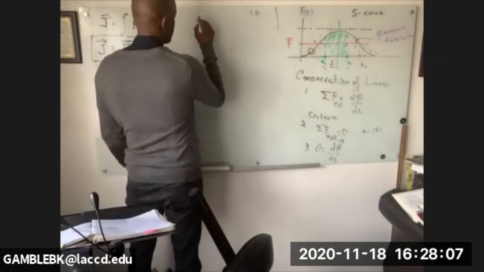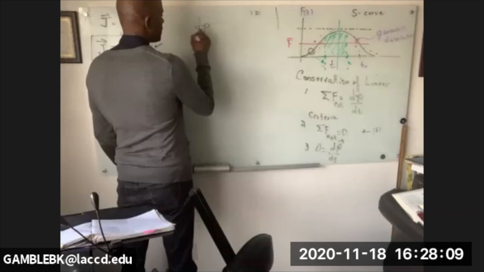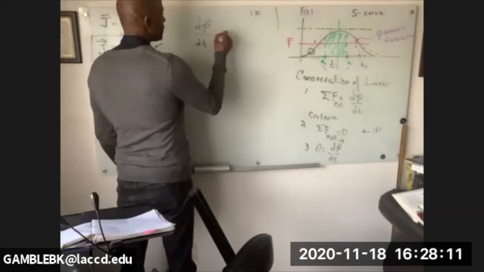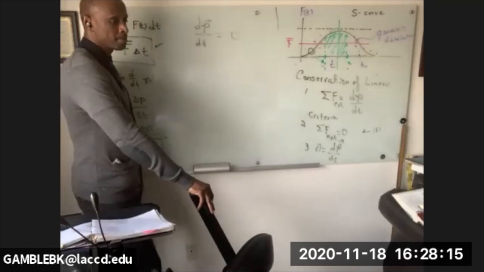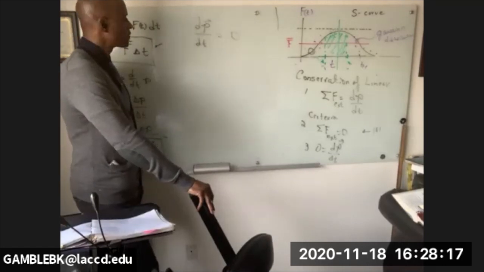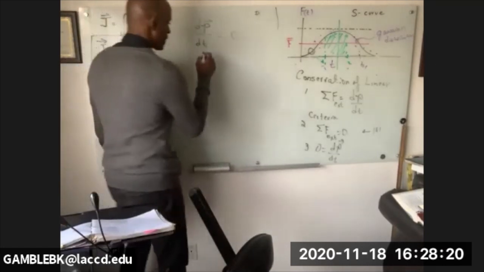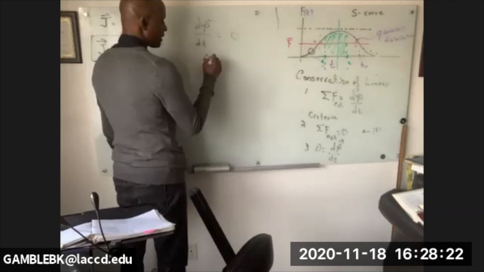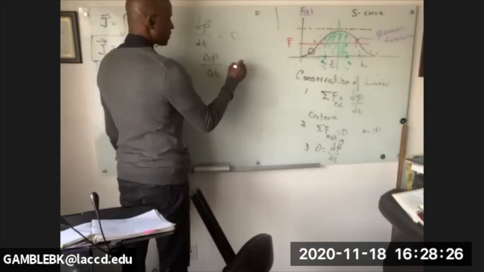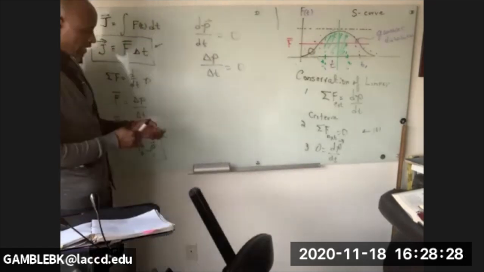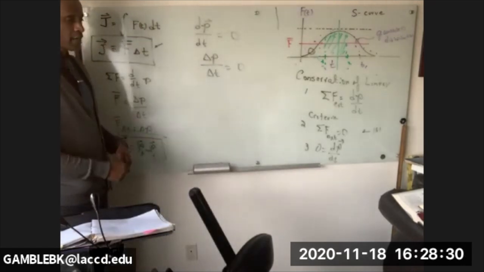What is the criterion under which dp/dt equals 0? Anybody? Let me write it a different way, as a delta quantity. What is the criterion such that delta P over delta T for a system is equal to 0, if you're observing the system over a certain amount of time?